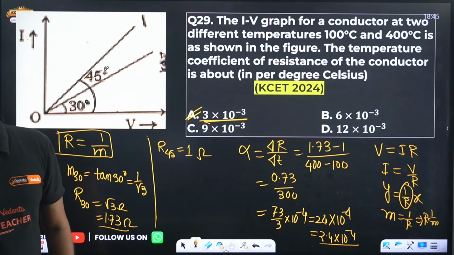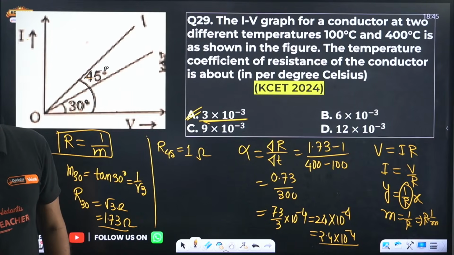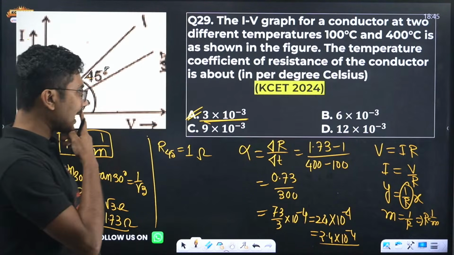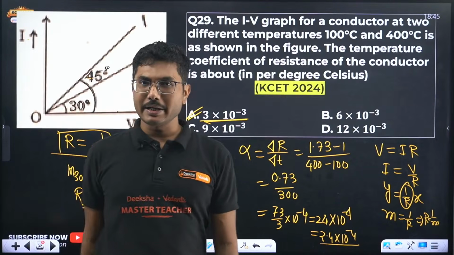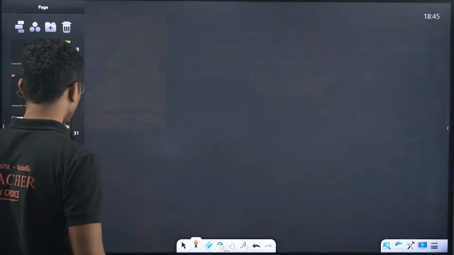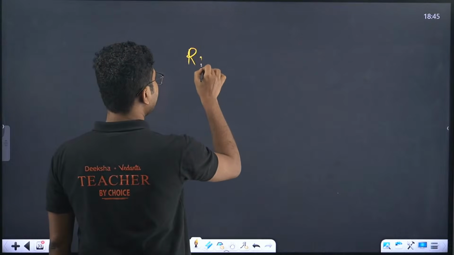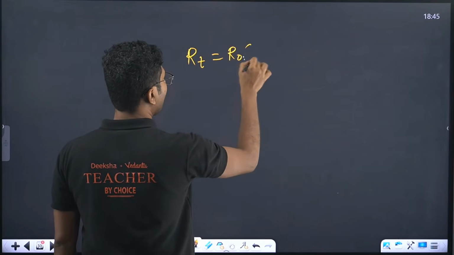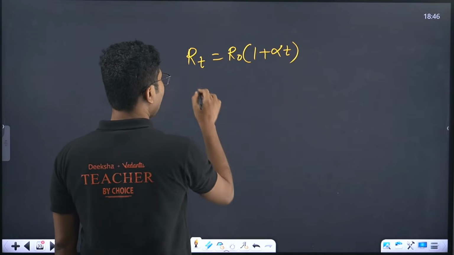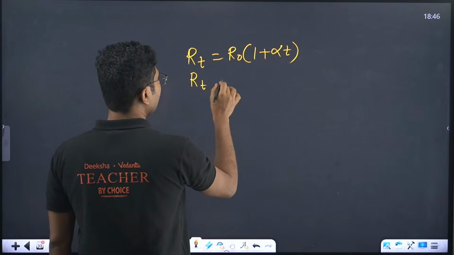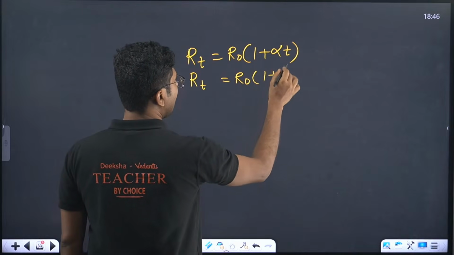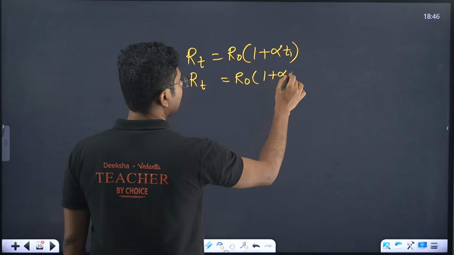Sir, can't we solve this question by the temperature coefficient alpha at two different temperatures by formula? Yes, you can do that, but that will take longer. You have to use R_T1 equals R naught into 1 plus alpha T1, and R_T2 equals R naught into 1 plus alpha T2.